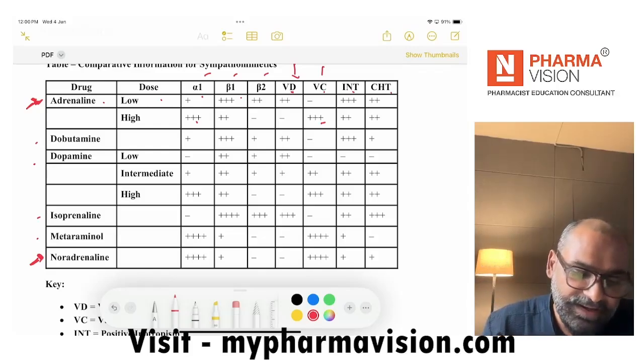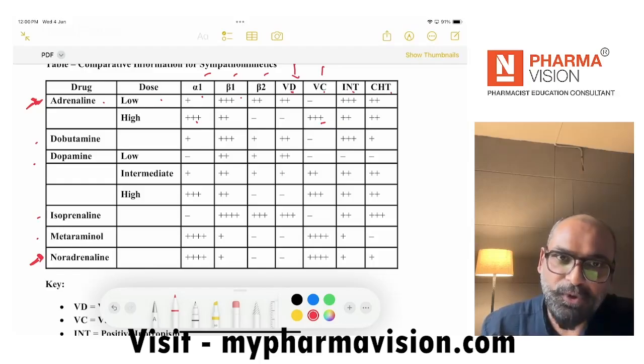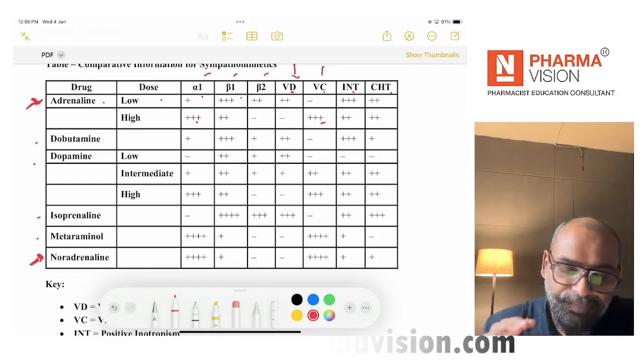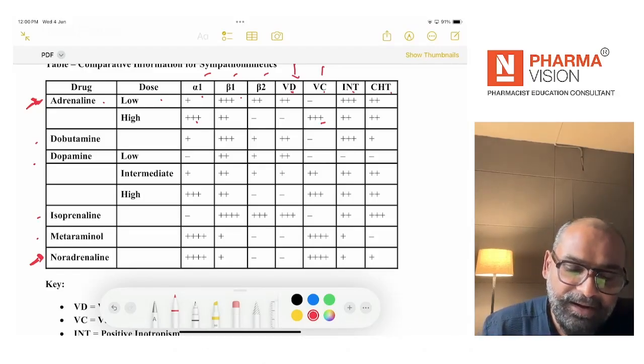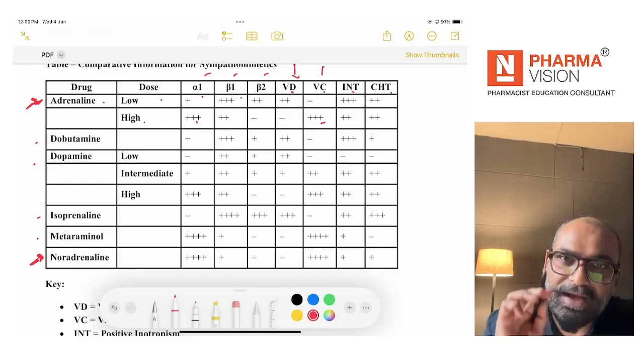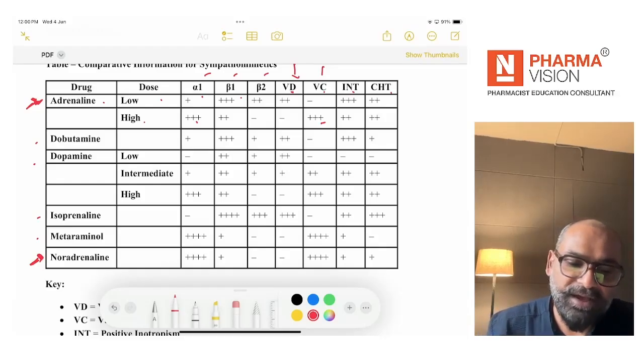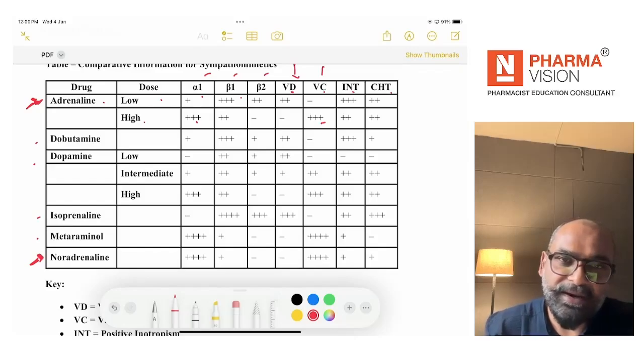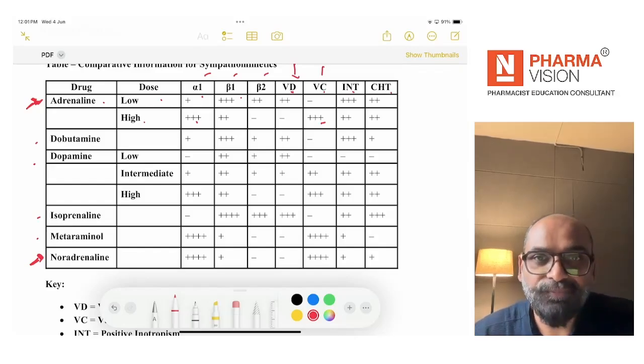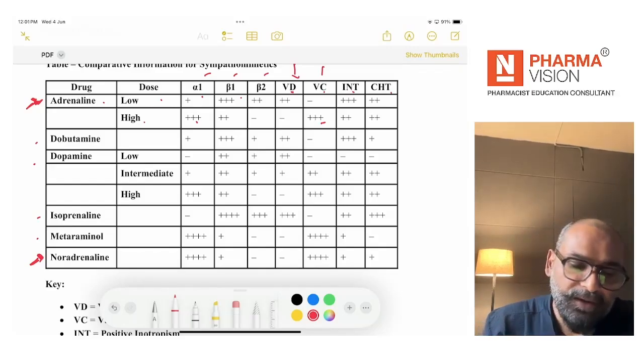So you have to understand this table, and based upon that you can make your decisions about the medications. Adrenaline at the high dose can cause hypertension. At the low dose, adrenaline can cause hypotension, low blood pressure, and at the high dose it is high blood pressure, because the affinity towards the alpha 1 receptor increases with the dose. Okay, so this is a very, very important part you have to remember.